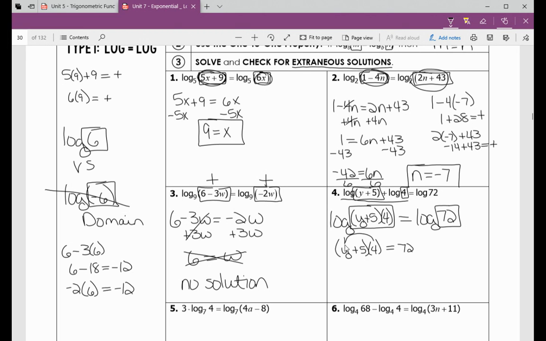I need to distribute that 4, which would give me 4y plus 20 equals 72. Subtract 20 from both sides and you get 52. Divide both sides by 4 and you get 13.